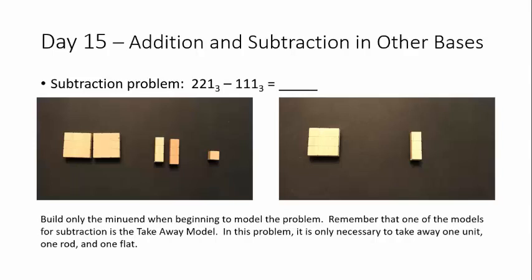That means we're taking away 1 flat, 1 rod, and 1 unit. Physically take those away. You're left with 1 flat, 1 rod, and no units. The difference is 110 base 3.